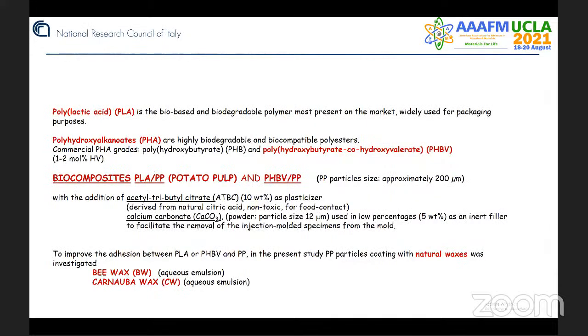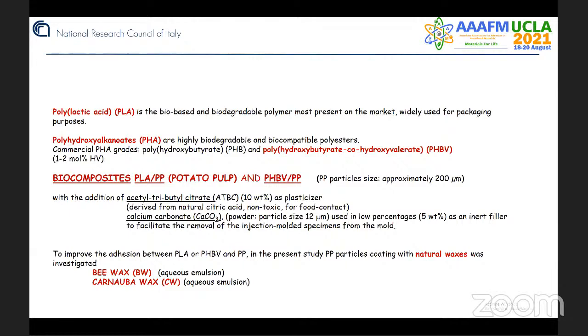We prepared biocomposites of polylactic acid, which is the bio-based and biodegradable polymer most present on the market, and a polyhydroxyalkanoate, in particular ecopolymer polyhydroxybutyrate-co-hydroxyvalerate with a low amount of hydroxyvalerate units, 1–2 mol%. We added potato pulp. The potato pulp particle size was approximately 200 micrometers.